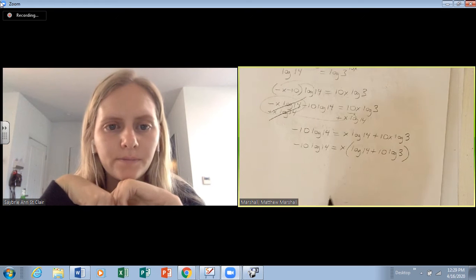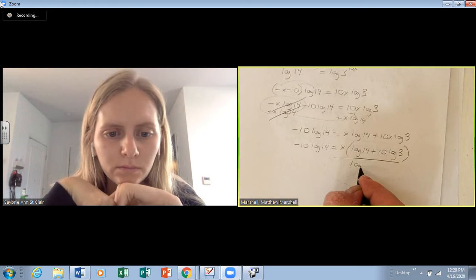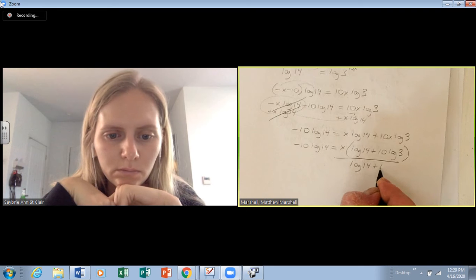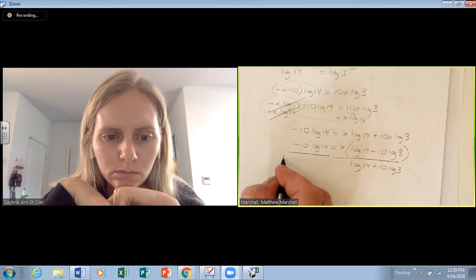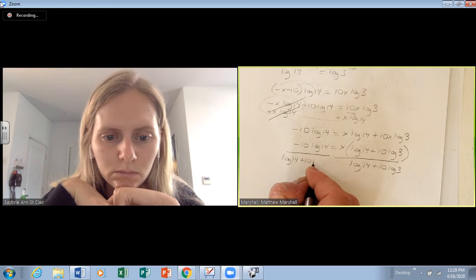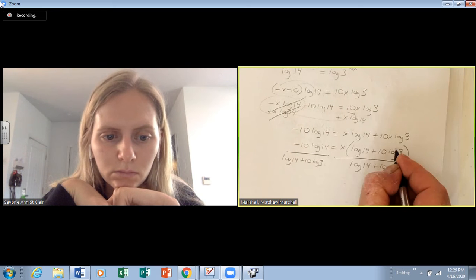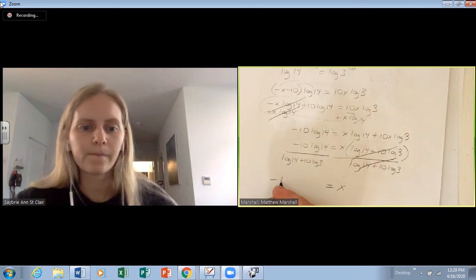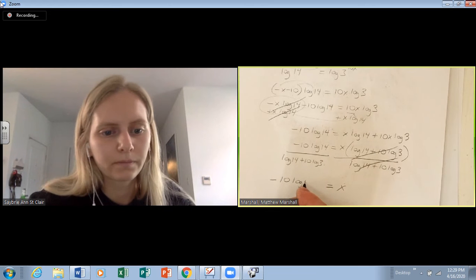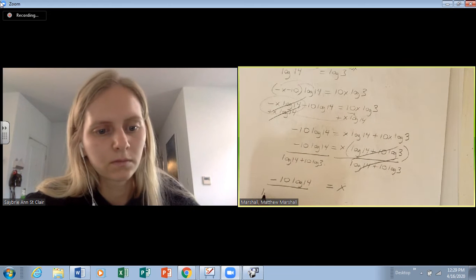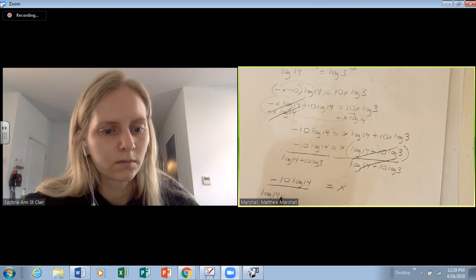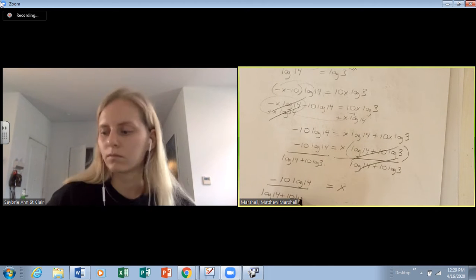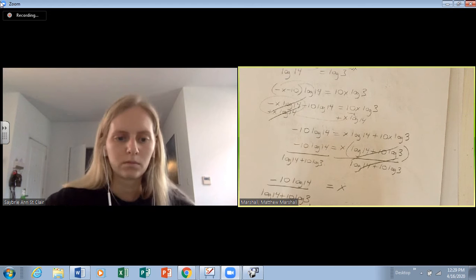And then my final step is divide that whole mess. Gives me x equals negative 10 log 14 over log 14 plus 10 log 3.